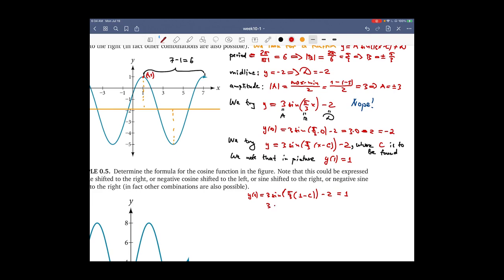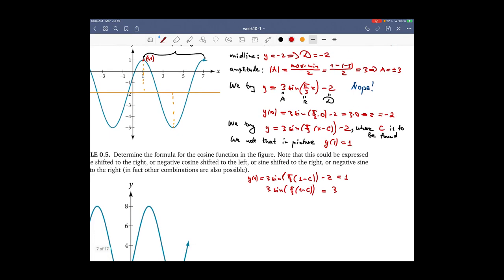So that means 3 sine of pi over 3, 1 minus c equals 3, which means that sine of pi over 3, 1 minus c equals 1.